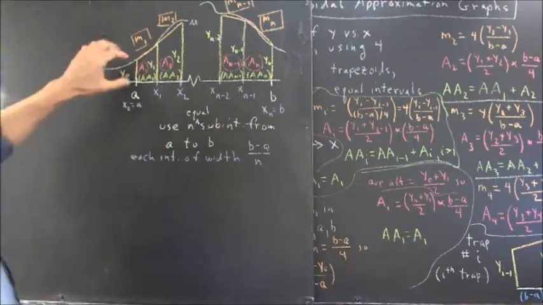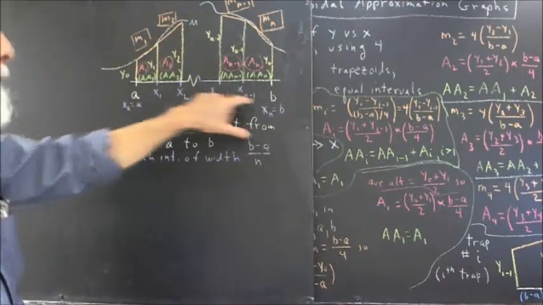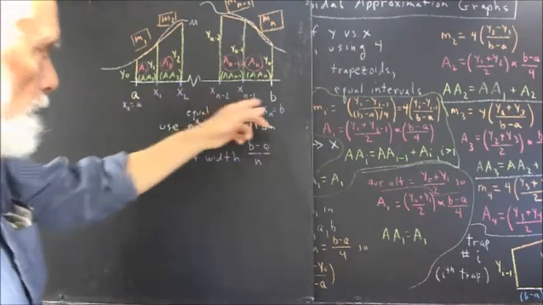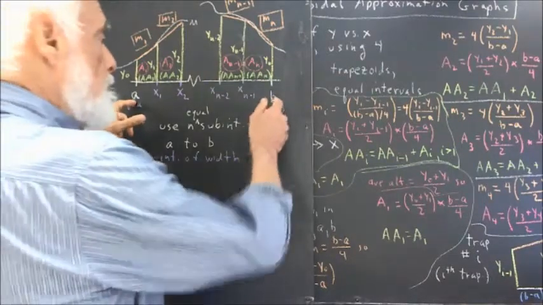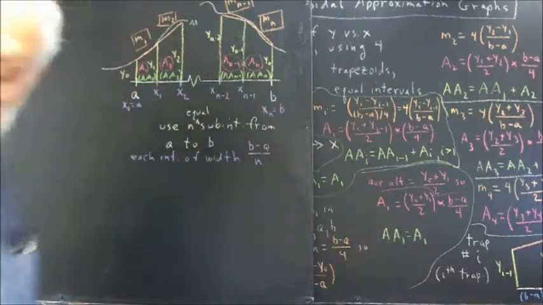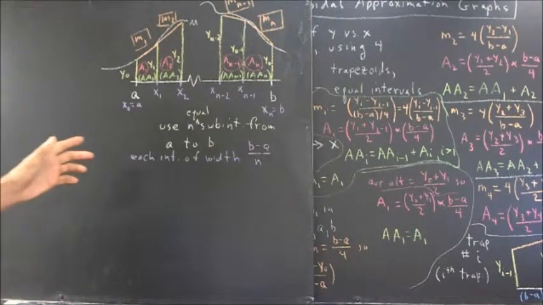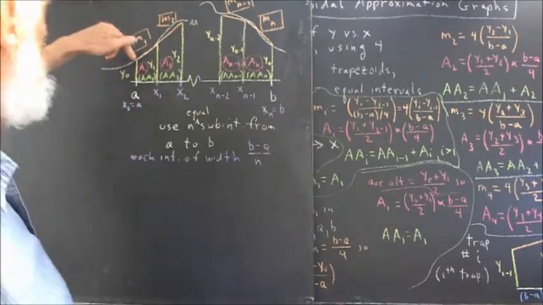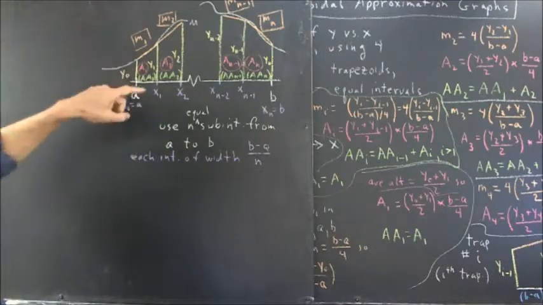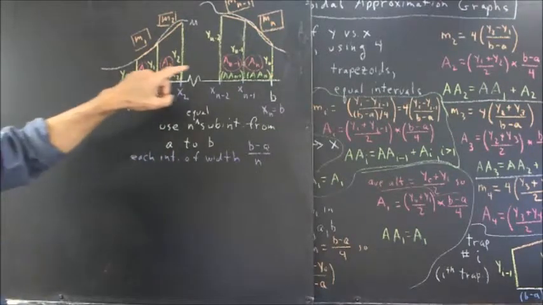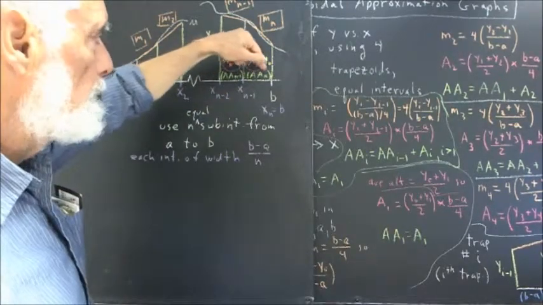And once more, the values of y presumably can be calculated once we've figured out the values of x, and the values of x are easily calculated if we know the values of a, b, and the number of subintervals. And we've similarly labeled the areas A1, A2, A sub n minus 1, A sub n, and accumulated areas AA sub 1, AA sub 2, AA sub n minus 1, maybe a little hard to read, and AA sub n.